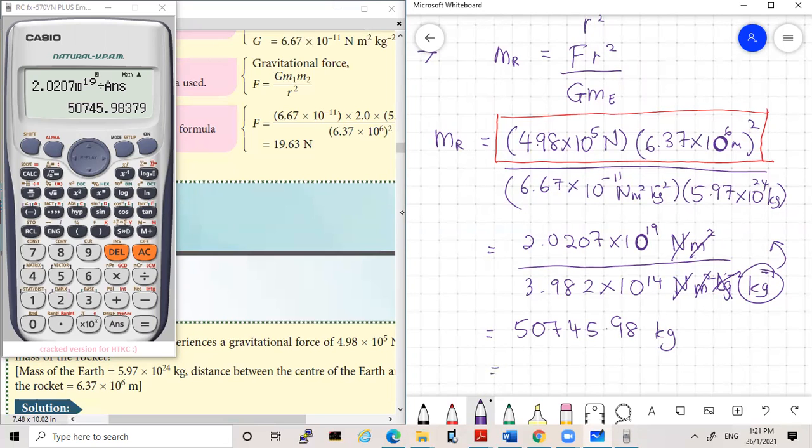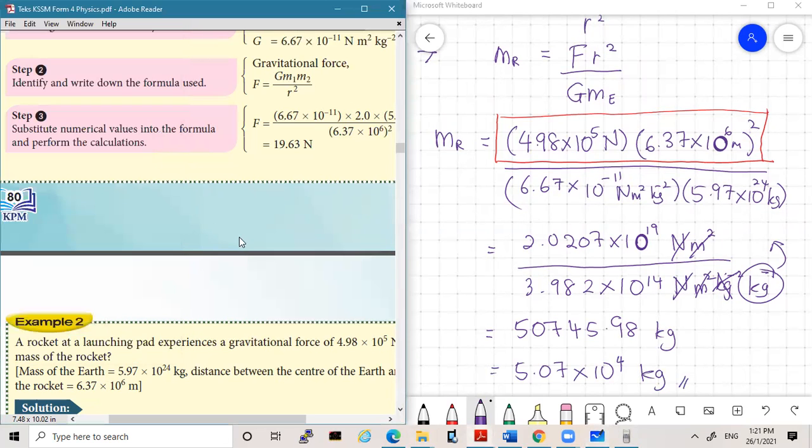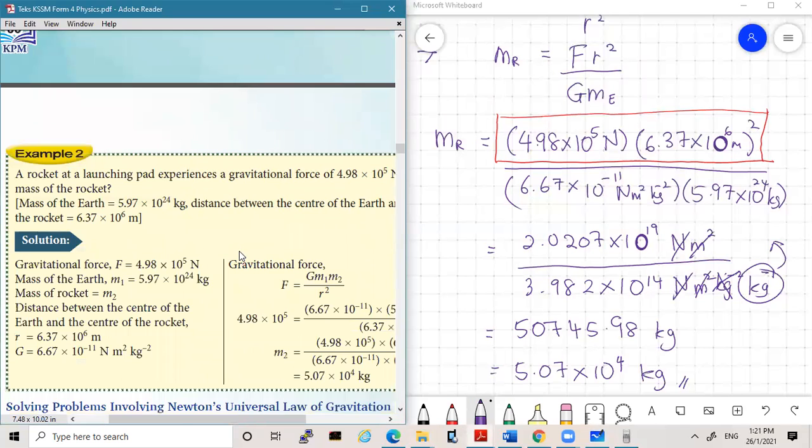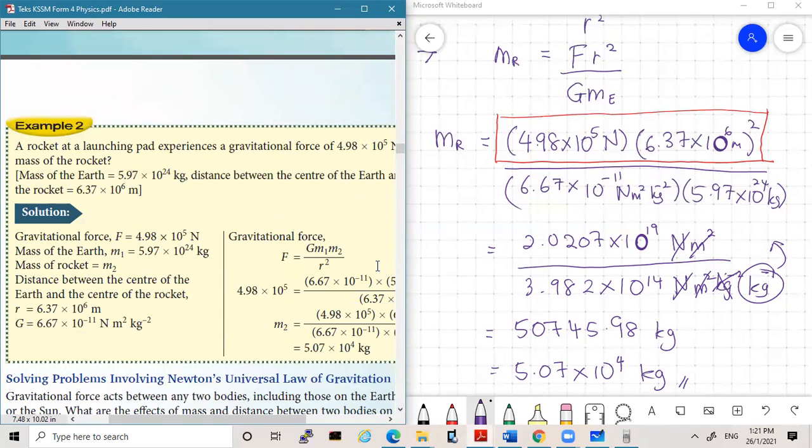We can write it in standard form, 5.07 times 10 to the power of 4 kilogram. So this is the mass of the rocket. Let's check my answer. Yes, it is 5.07 times 10 to the power of 4 kilogram.